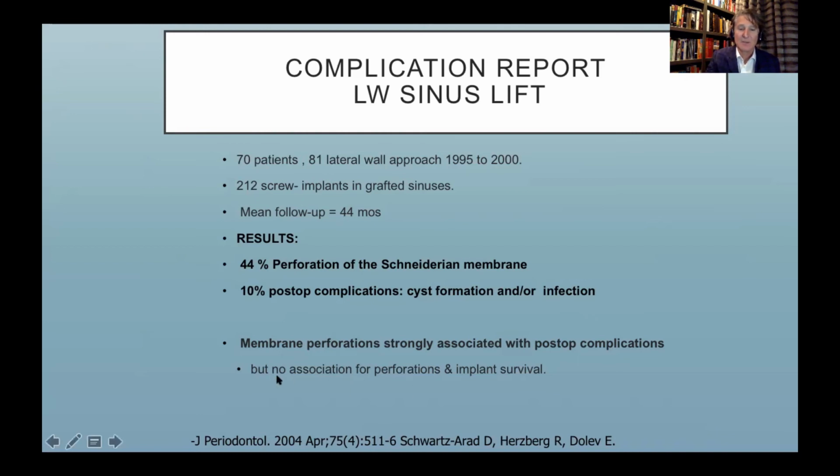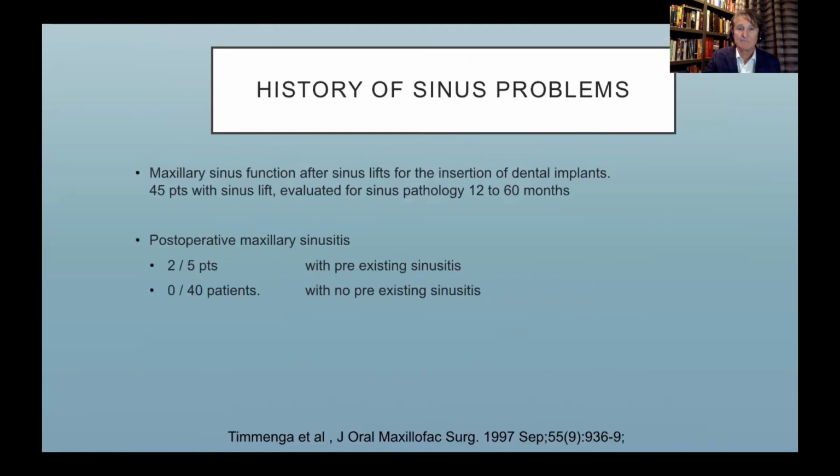Curiously enough, even though these were associated with these cyst and infection complications, it didn't actually affect the implant survival. And I'll show you my own case later on here where we had implants that survived, but we did have quite a complication with infection. So the other thing to consider when you're looking at that risk of complication is whether there's a pre-existing condition of sinus problems.